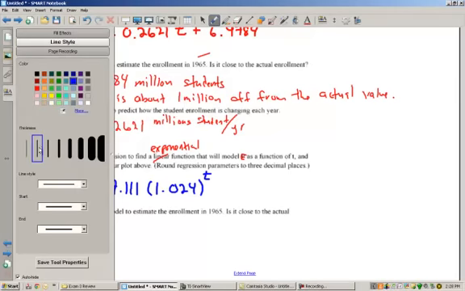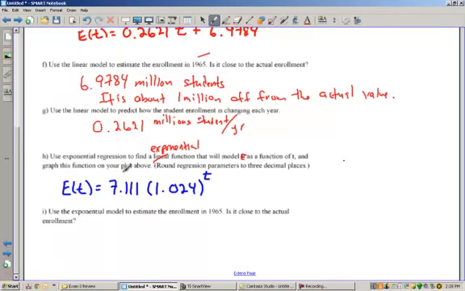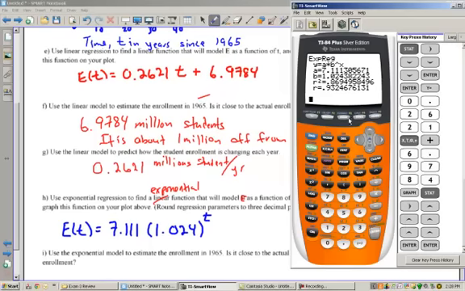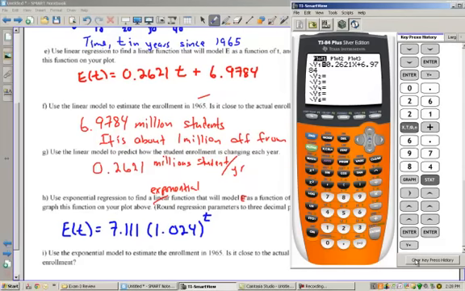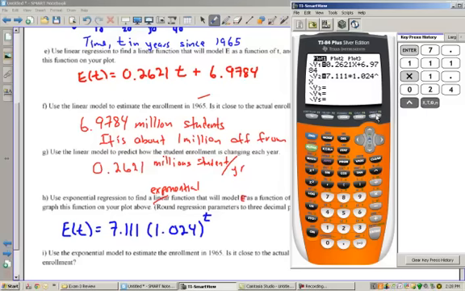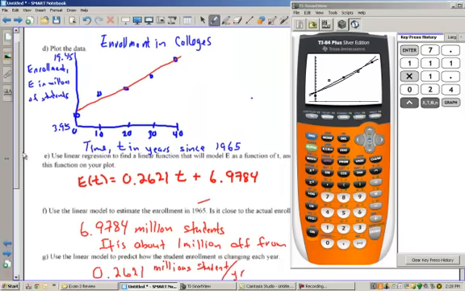Okay. The next part is we want to plot this on our plot above, and so we can come back up here, and to plot it, it's real simple. Hit y equals, and we can just hit Enter, and we'll plot it on here along with the line, so we can enter 7.111 times 1.024 raised to the x, and then hit Graph, and we should see the graph of this over here, and then we can draw it on top of our graph right up here.